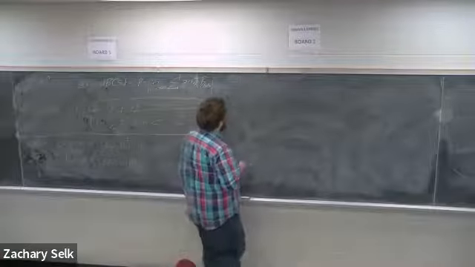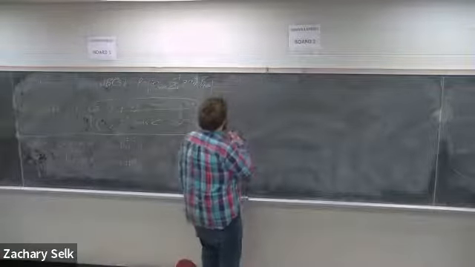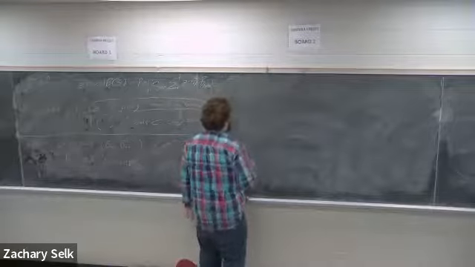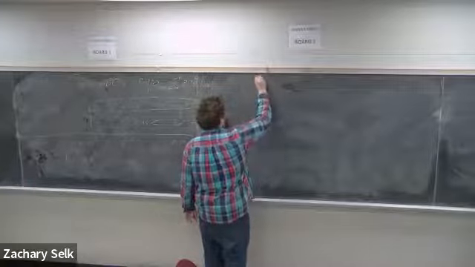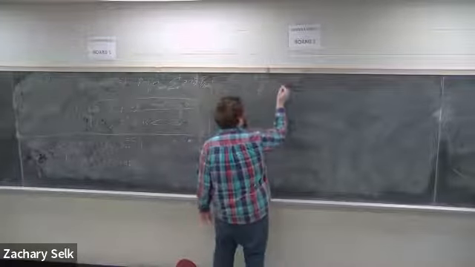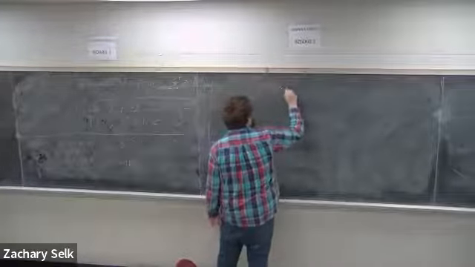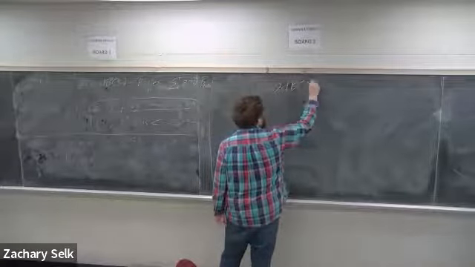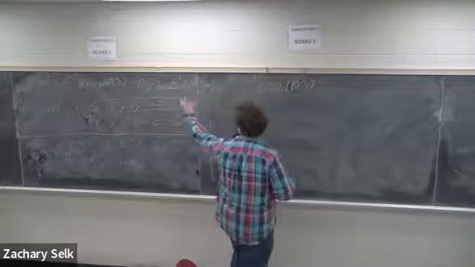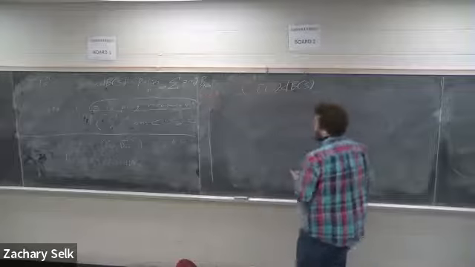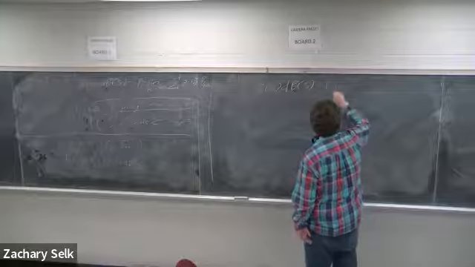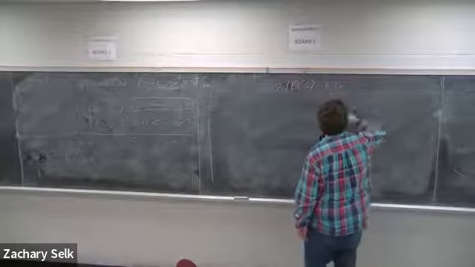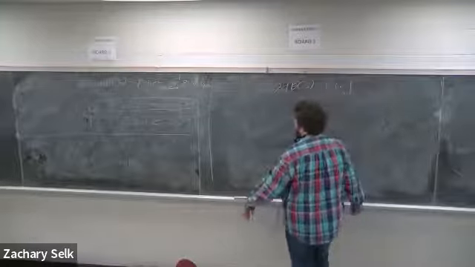Let's take a look at this term here, which, if we define it as a limit in probability, is equal to the p-limit as n goes to infinity of u.